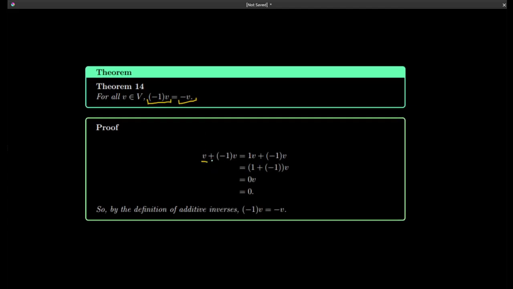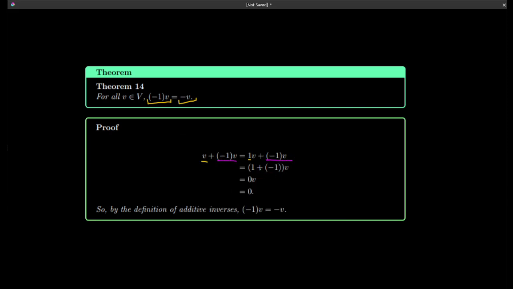V plus the additive inverse of the multiplicative identity of the field scaling V is certainly equal to the multiplicative identity of the field scaling V plus the same thing as we had before. So this piece right here is just carrying through on that line. All right, cool.